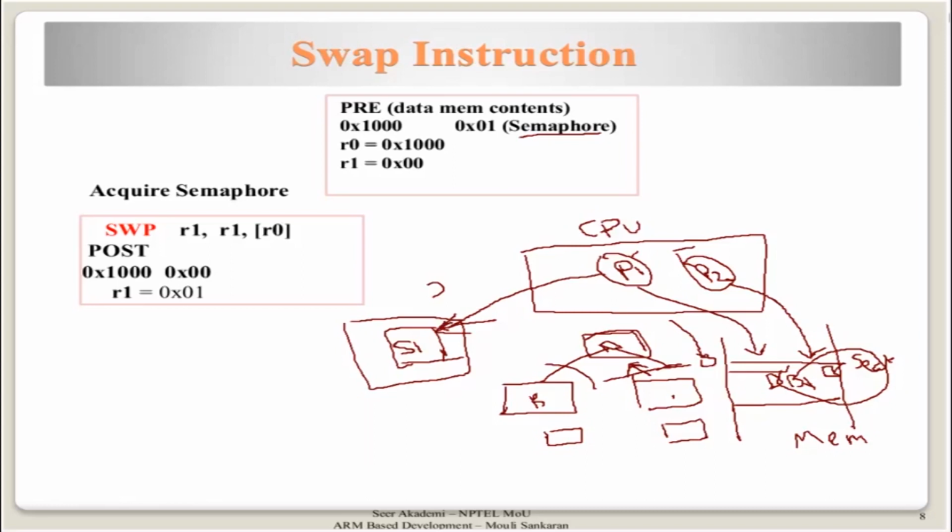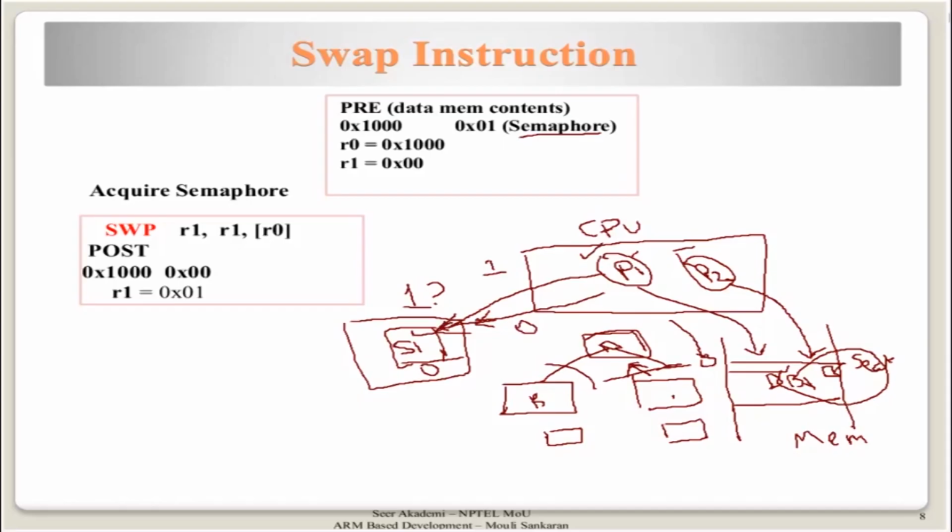What I mean by free is, suppose this has a variable inside, and if it is 1, I call it free. Then when this process reads this value and finds that it is 1, it will write back 0 into it to say that it is no longer free.